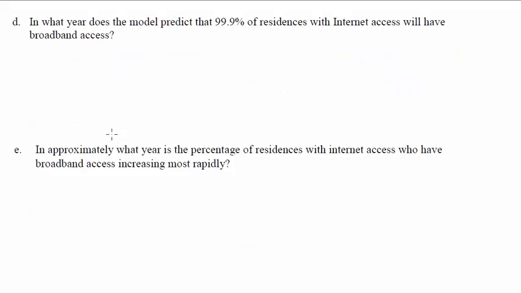Now, in what year would the model predict that 99.9% of residents with internet have broadband? So this percentage here that's given to me is an output, which lets me know that this is going to be a solve problem.